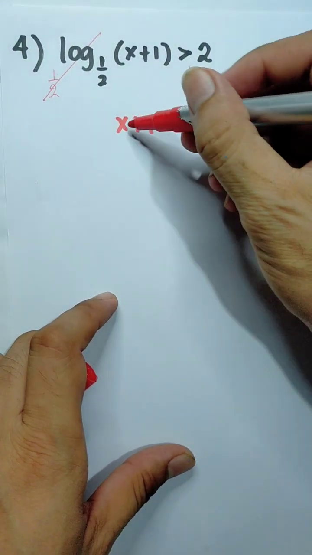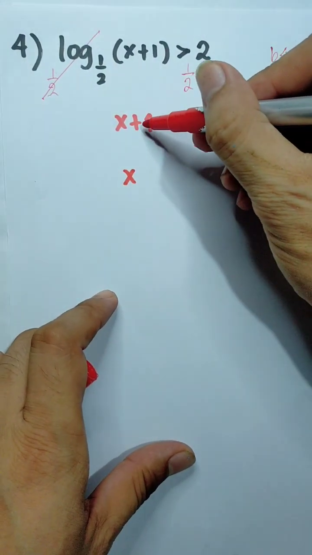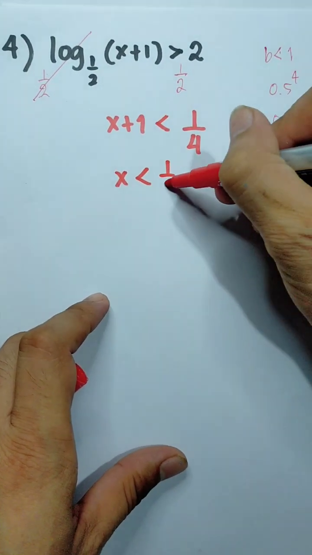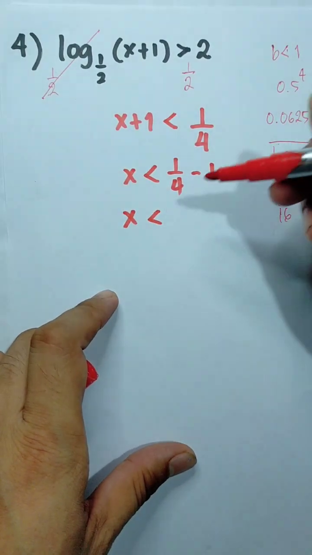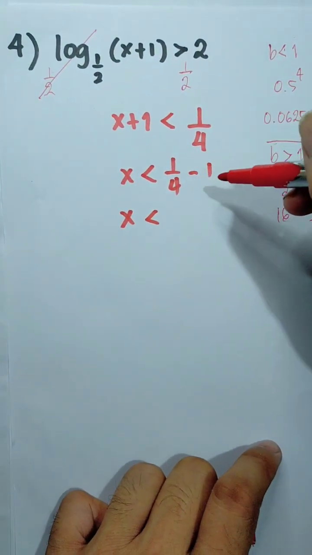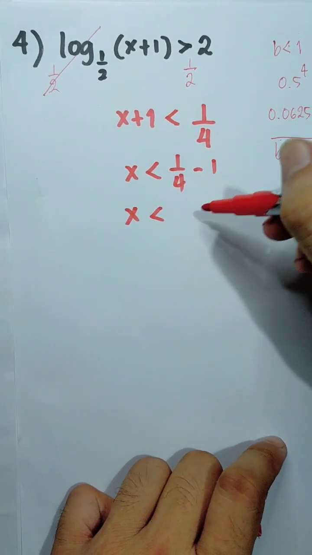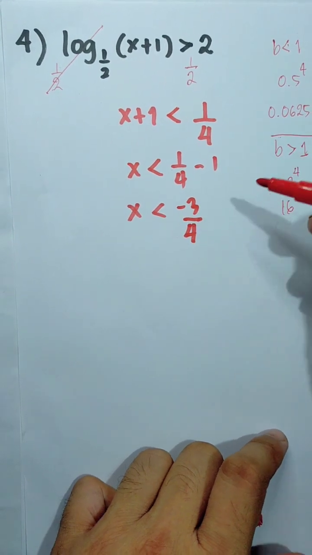Now let's solve for our x. Let's move our positive 1 to the right side. We have 1/4 minus 1, so x is less than, that's 1 minus 4, that's -3 over 4.